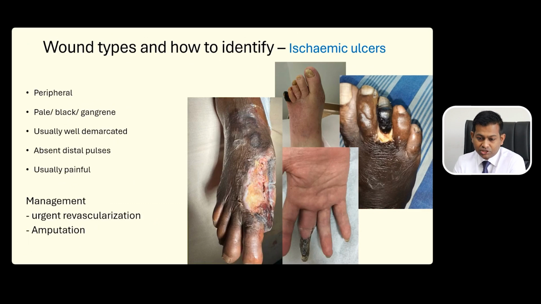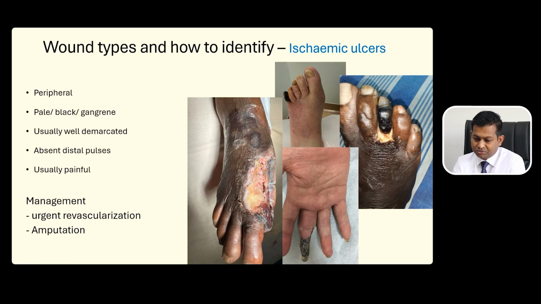So ischemic ulcers, as you all know, usually occur in the periphery, pale, black, like in this one, or it may be a florid gangrene, dry gangrene, or dry gangrene with a wet margin with some evidence of infection. They will not have palpable distal pulses, and usually they are painful unless hugely neuropathic. Even in the neuropathic, most of the time they have at least some sort of ischemic pain.